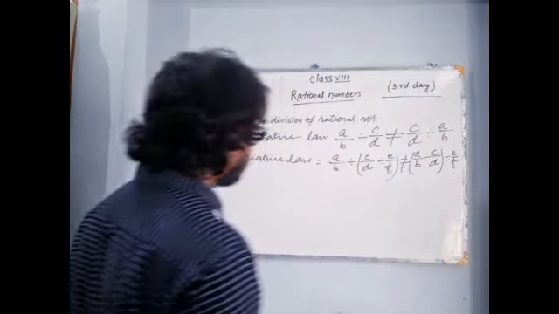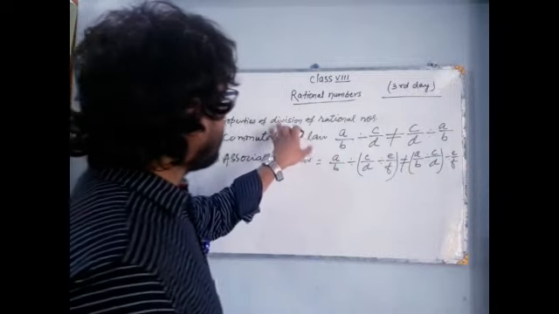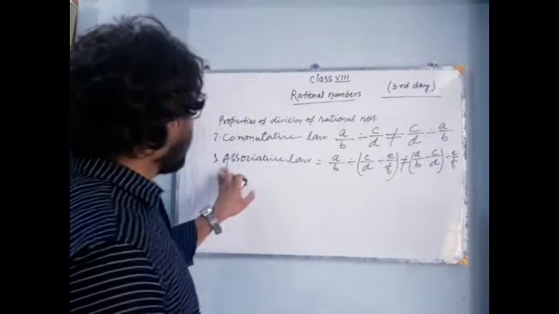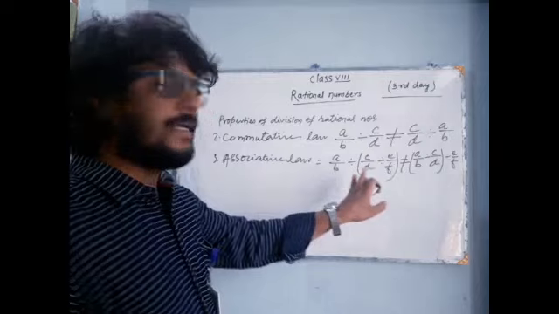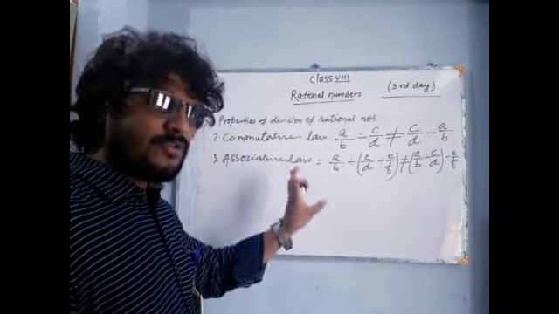It shows that division of rational numbers does not follow associative law. Got it? It's so easy.